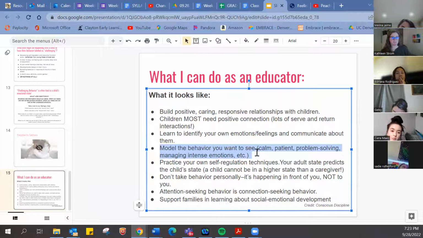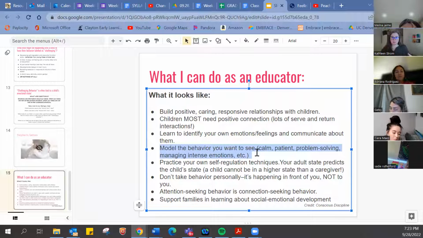And you can really support families in learning about social emotional development, learning about brain states, and learning about why learning about emotions is important. For some cultures, maybe talking about feelings or thinking about feelings is not considered to be safe or appropriate.